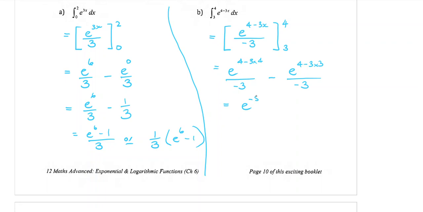So that first one is e to the negative 8 over negative 3, but I might want to move my negative out the front. With the next one, these two minus signs, you bring this one out, makes a plus. So we have plus e to the 4 minus 9, which is negative 5, over 3. So again, we could do the different options. If we wanted to, we could get a common denominator, or let's just factorize the third out.